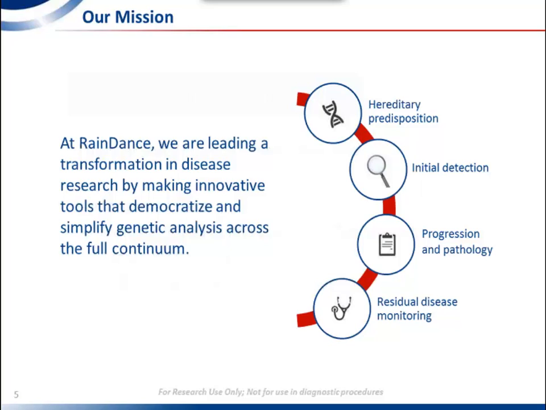Could be hereditary, could be carrier typing, could be constitutional diseases, as well as initial disease detection, focused cancer profiling and pathology, and finally, the ability to monitor post-induction minimal residual diseases. In general, we offer a complete line of genomic products, systems, assays, and consumables that build on our digital droplet technology platform in order to help simplify complex genetics.